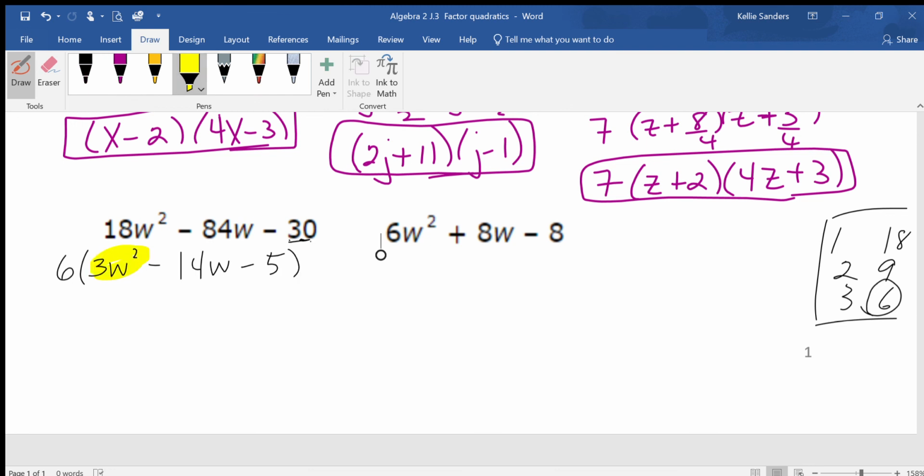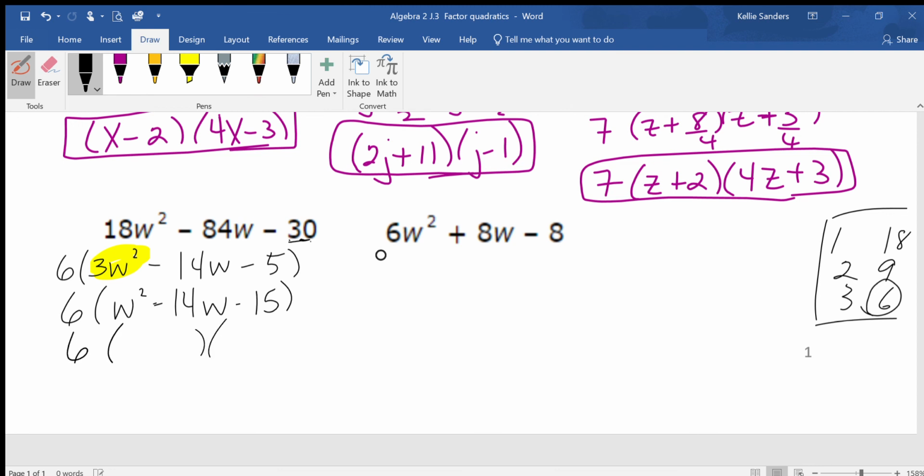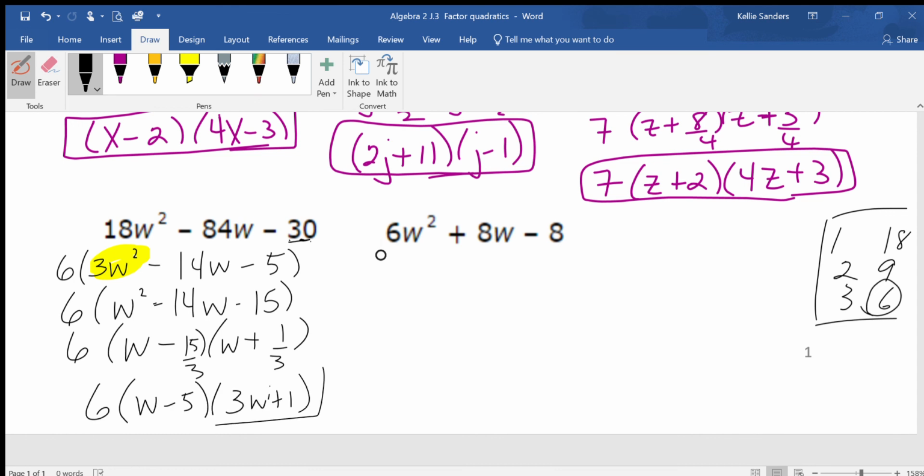Leading coefficient is not 1. Divide by 3. And 2 is the biggest number that goes into 6 and 8. So again, divide everything by 2.